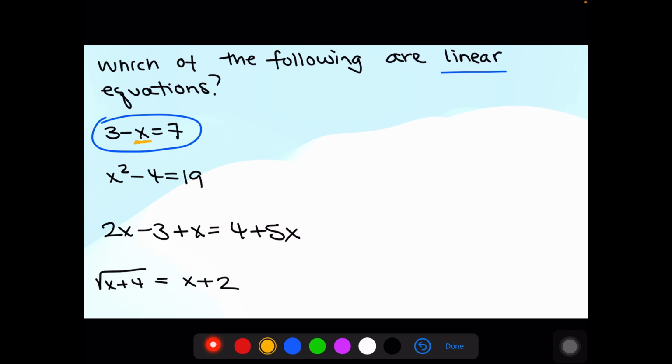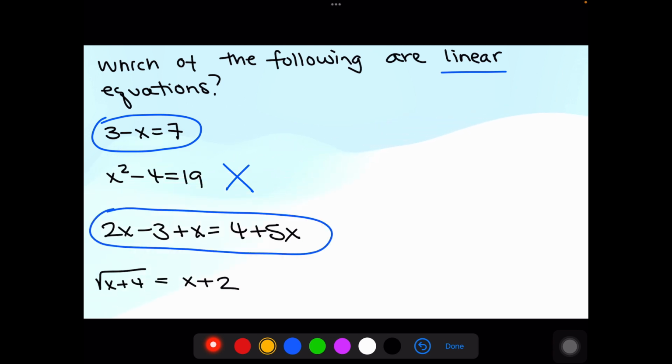Whereas the second equation listed is not linear, and that's because the variable has a squared on it. So this is actually a quadratic equation, but for our purposes, the important thing is this is not a linear equation.